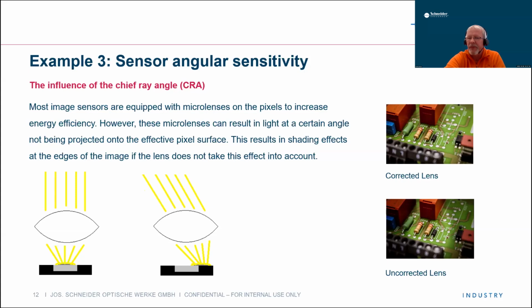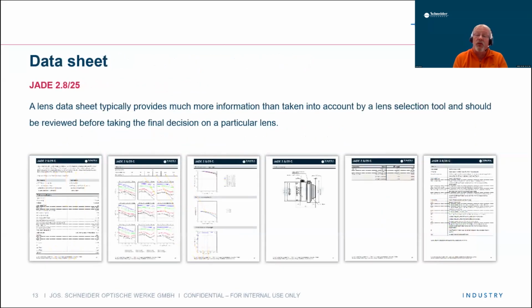So there's also something that is not considered in any of the lens calculation tools. So the question is, what can you do? Because at that moment, you don't have more information about the pre-selected lenses. But there is one thing that you really can do and that we recommend to do.